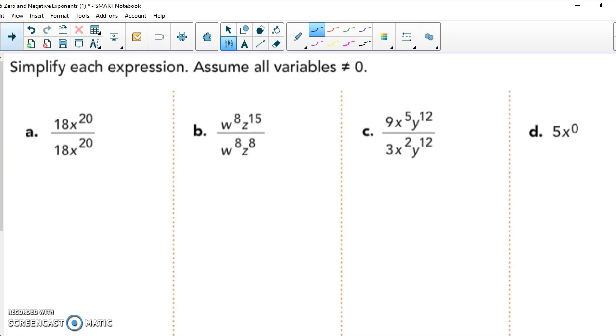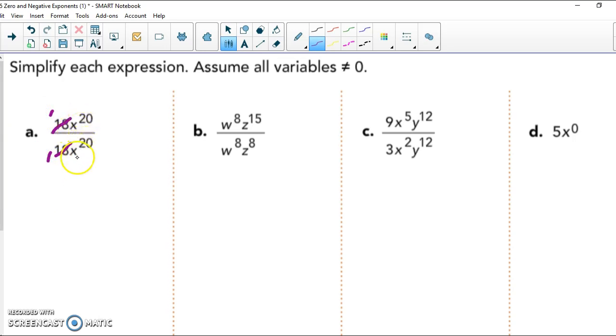So let's look carefully how we can simplify here a bit. On letter A, I have the same numerator and denominator, which my instinct tells me should simplify to 1, but let's take it step by step.